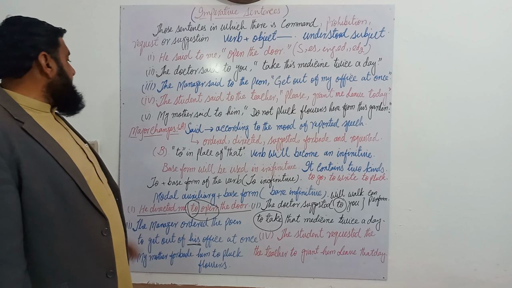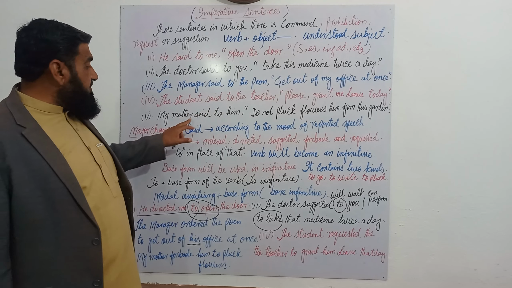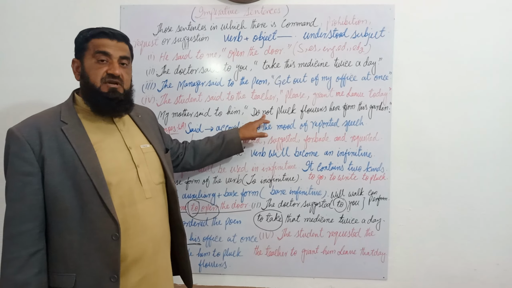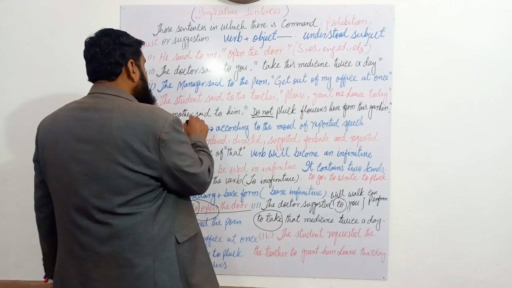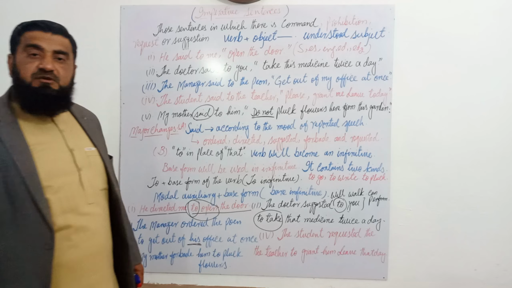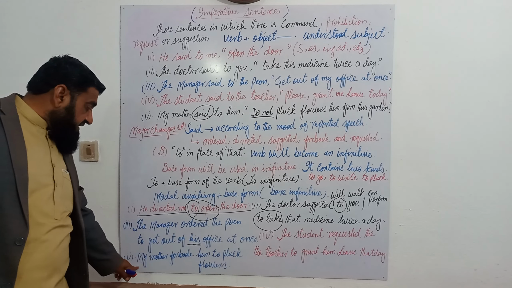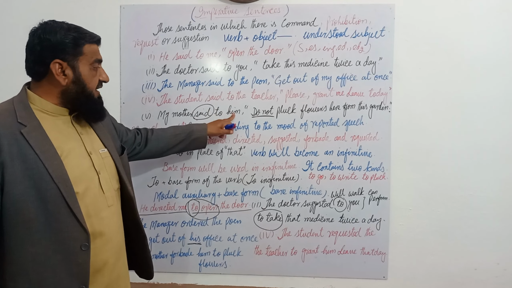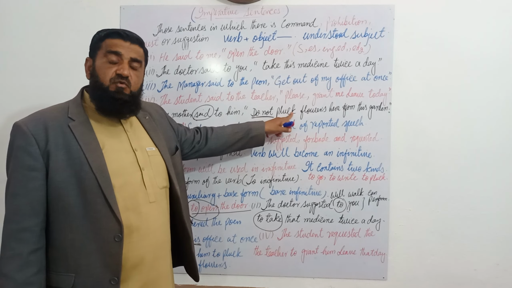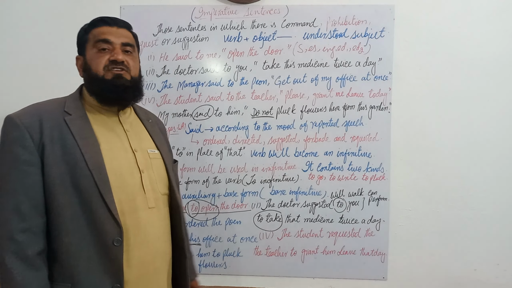So requested. Fifth sentence. My mother said to him, do not. When there is a negative sentence, the said of the reporting speech will be changed into forbade. So my mother forbade him. My mother forbade him not to pluck, when forbade is here, repetition is prohibited within English grammar.